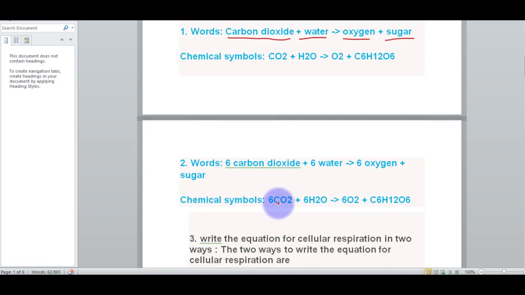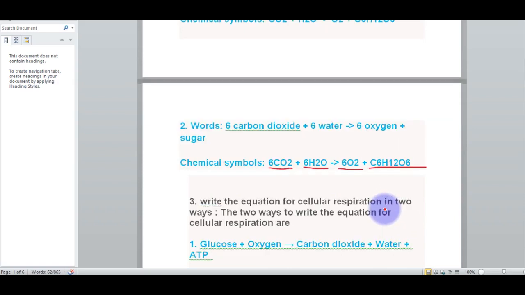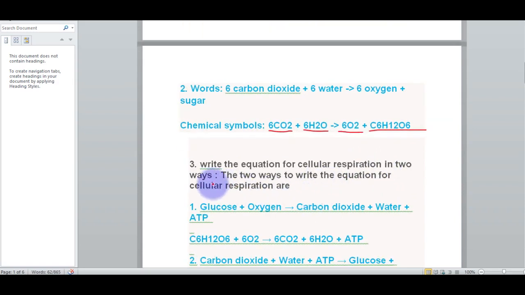In chemical symbols, the balanced equation uses 6 molecules of carbon dioxide reacting with 6 molecules of water to give 6 molecules of oxygen with carbohydrate or sugar being produced.